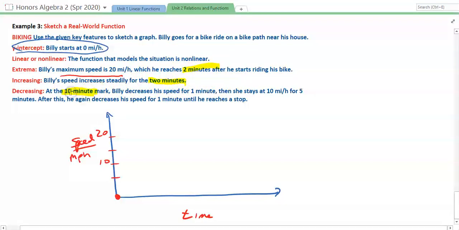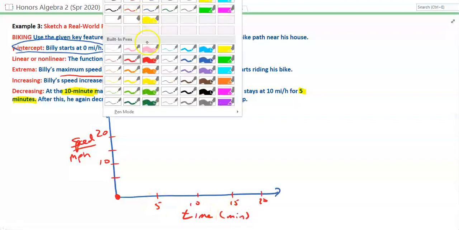We're at the 10-minute mark, another minute, so that's 11. And then he stays there for 5 minutes, so now we're up to 16, now we get to 17. And so it looks like we need to go out to 20 in time, so 5, 10, 15, 20. These are in minutes.